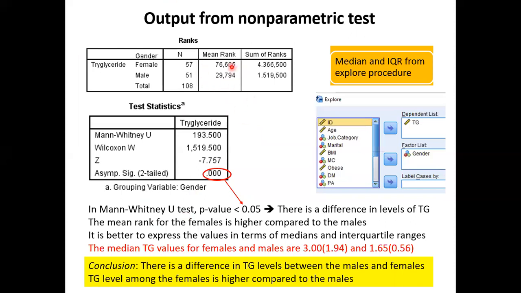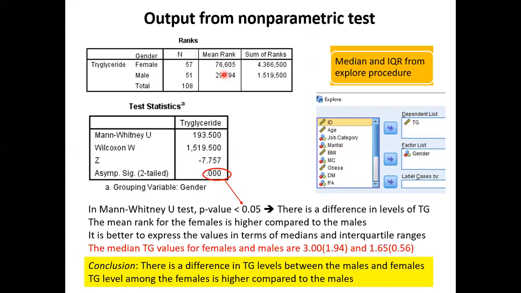So this analysis is not based on the means. It's based on the ranks. Who is ranked higher? Look at this now, mean rank for the female is higher compared to male. We arrange all the TG values from smallest to highest.